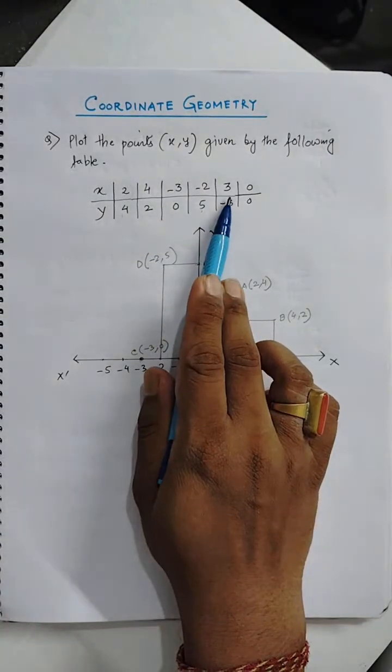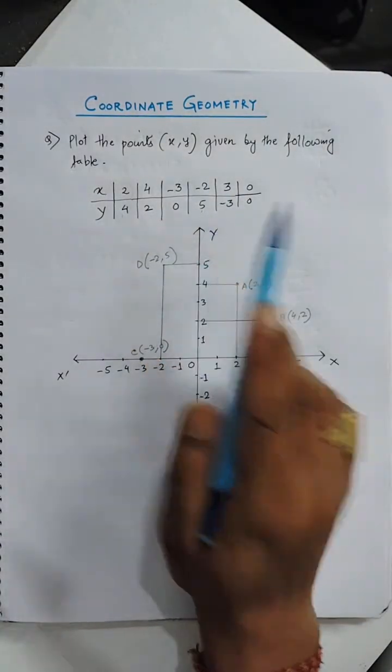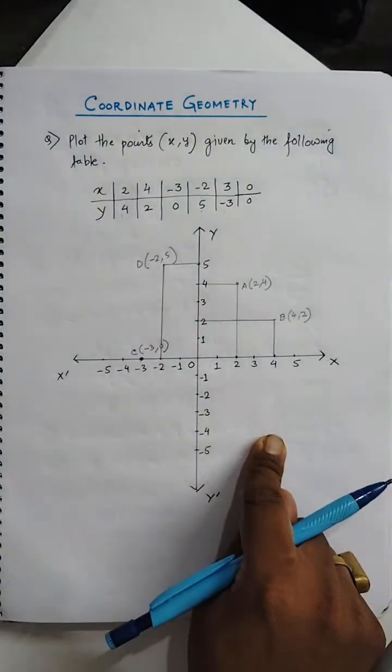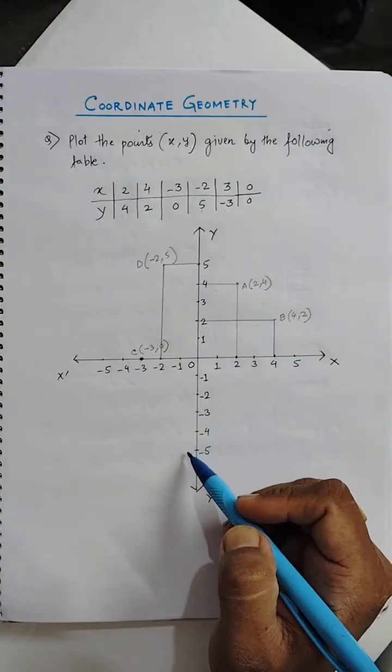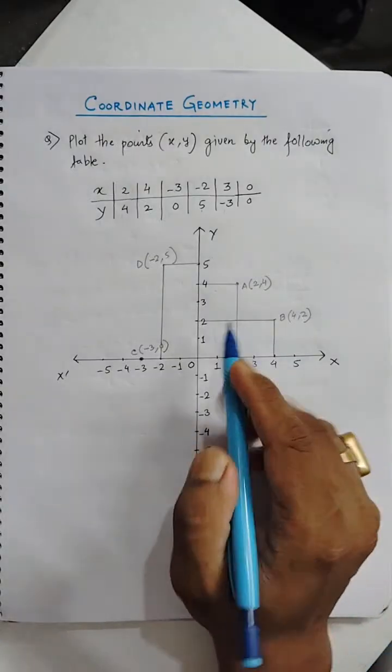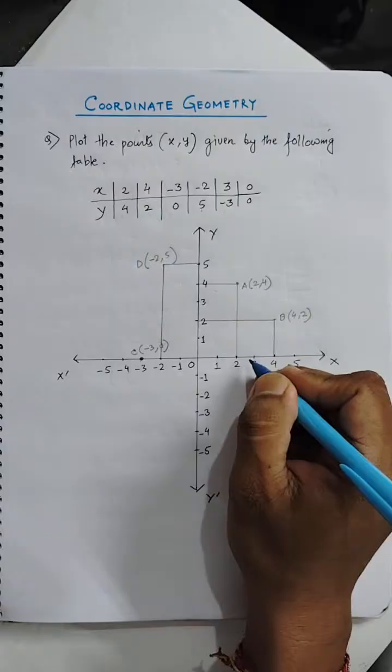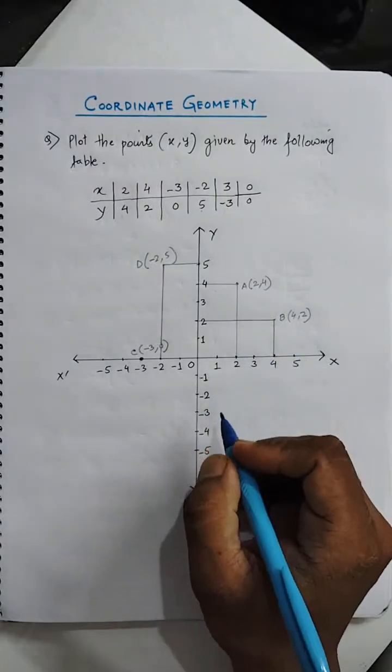Next, x is +3 and y is -3. So this will lie on the fourth quadrant. Okay, because the x is positive and y is negative. Okay, so x is positive, so this is 3 and y is -3.